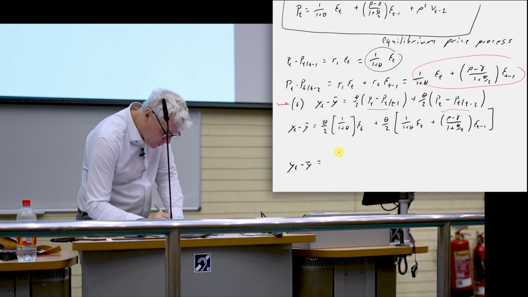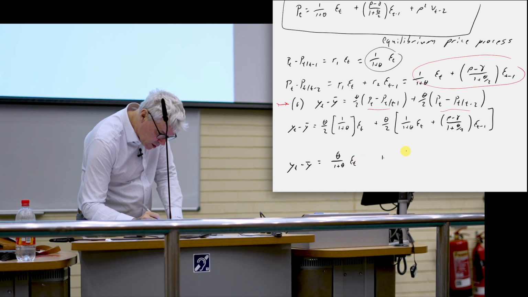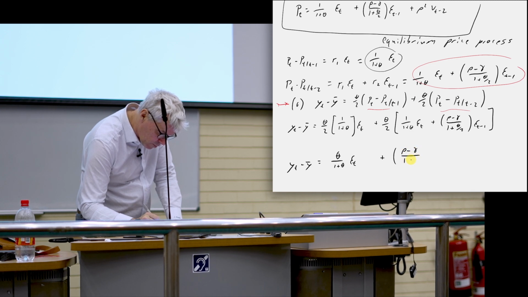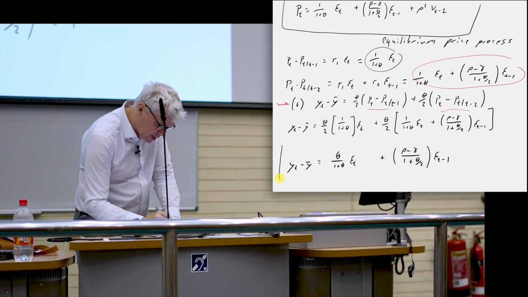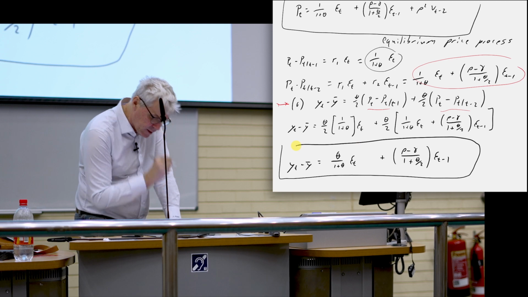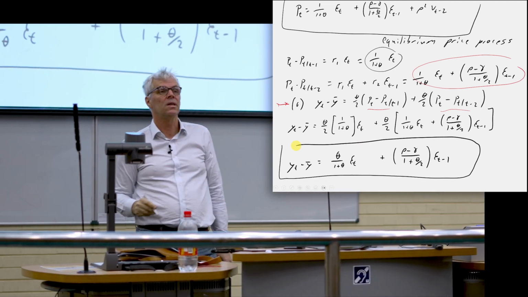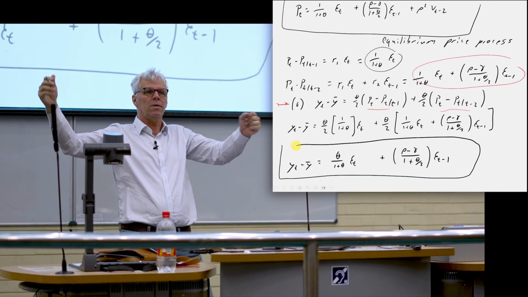We get theta over 1 plus theta Et plus rho minus gamma over 1 plus theta over 2 Et minus 1. And that is how output behaves in this model. Okay. Yay, team, we've done it.